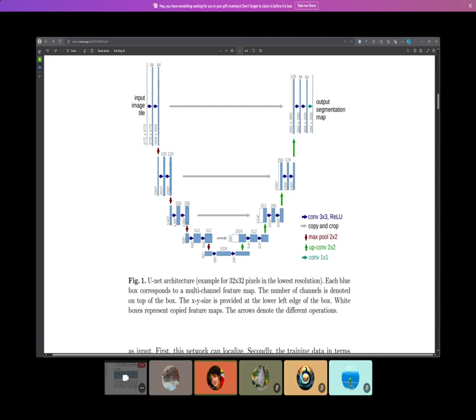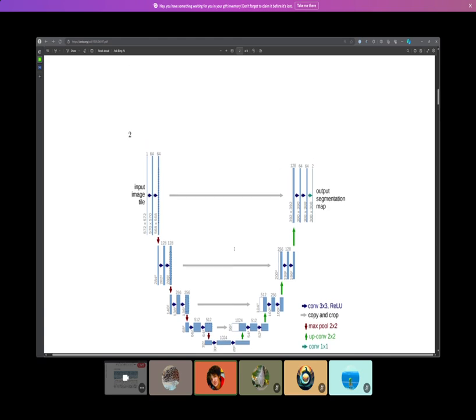So in the beginning, there are the two first convolutions. Then it goes down using max pool. Then you do two more convolutions that are 28 to the second power, and you have 128. Then you take the max pool of that, and then you do two more convolutions, and then you take the max pool of that, and then you do two more convolutions, and then you do that even more.